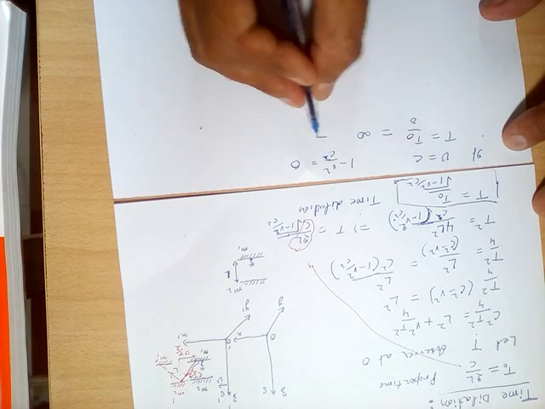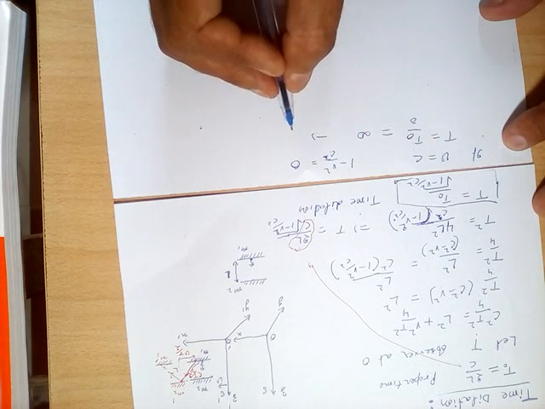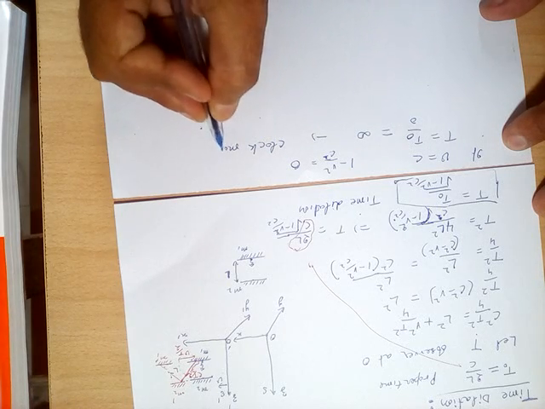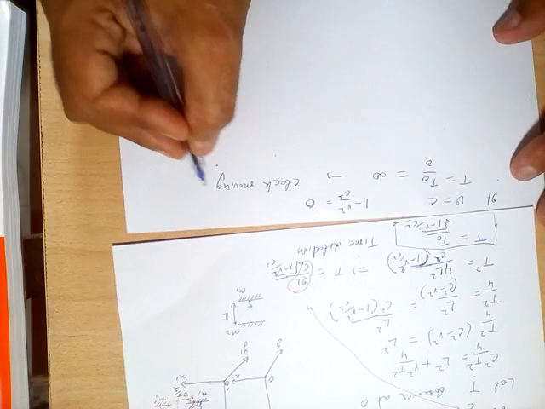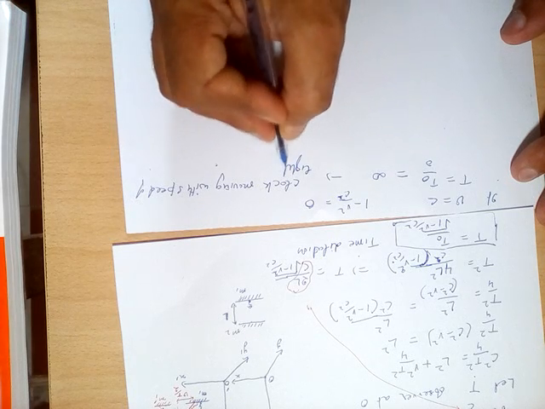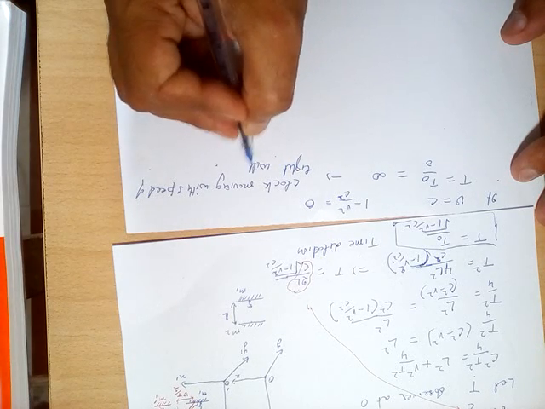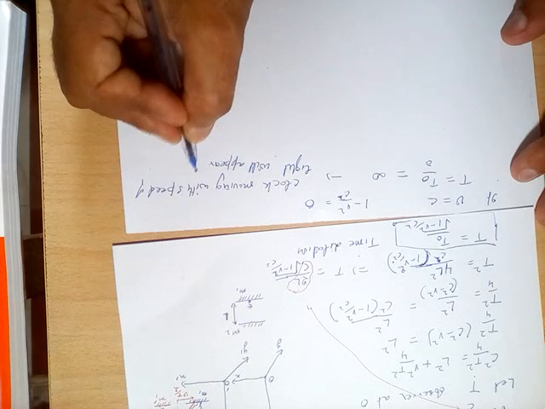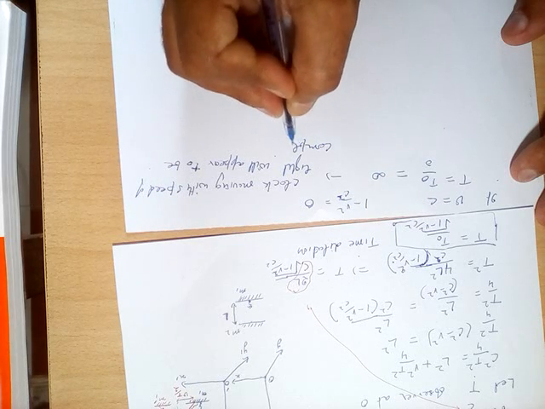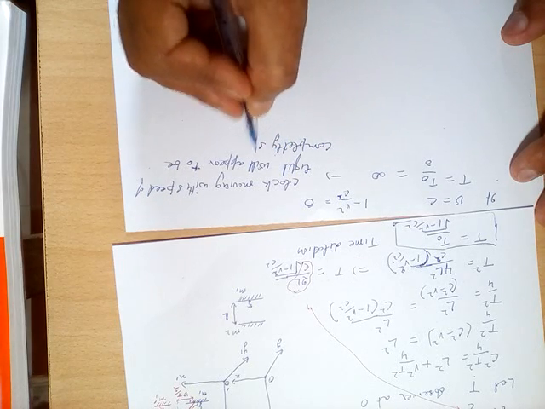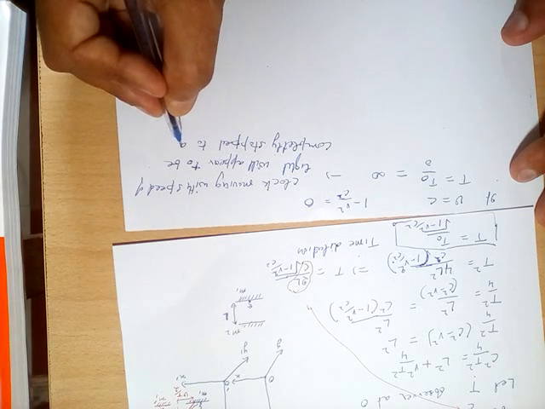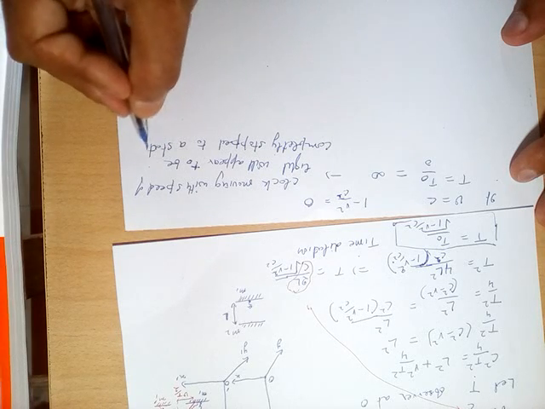So this reflects that a clock moving with the speed of light will appear to be completely stopped to a stationary observer.